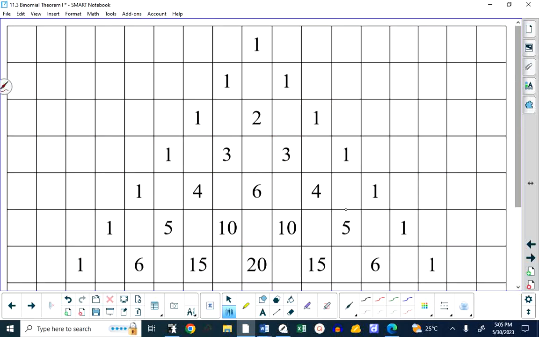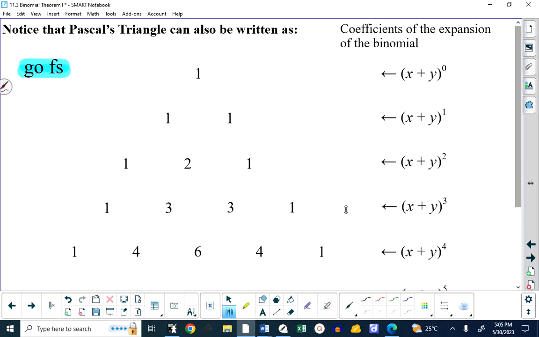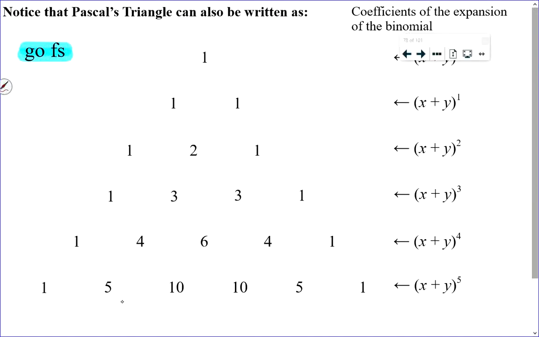And what I would like everybody to do is focus your attention up here. You can look at the next page if you like, and at the top of the next page is a diagram, but that diagram will not match what we're looking at here. I want you to focus up here, please. There's Pascal's triangle, and on the right-hand side, I've got the coefficients of the expansion of which binomial each row is.